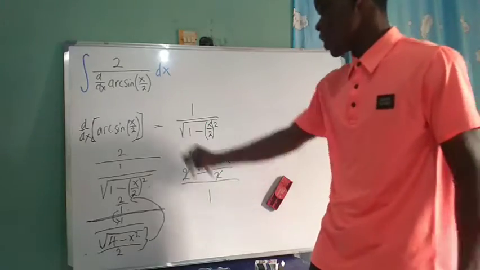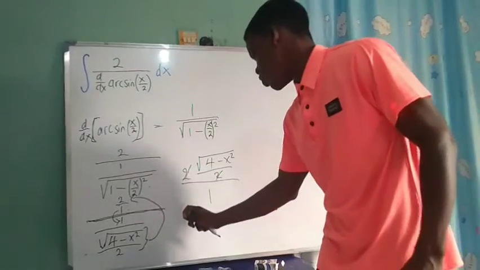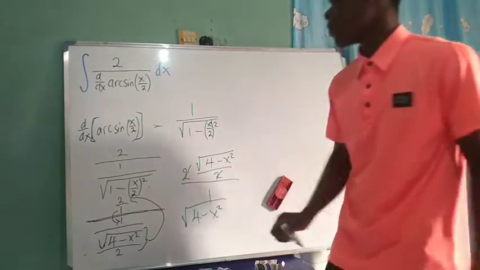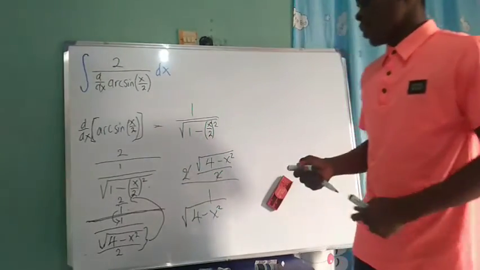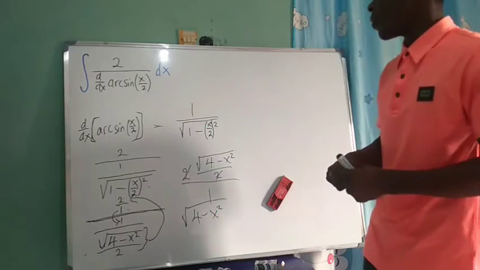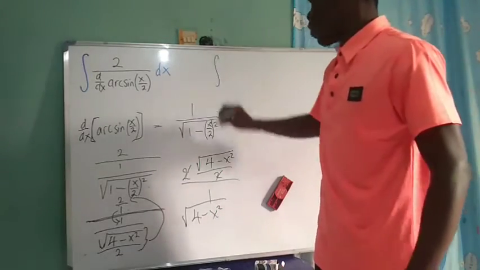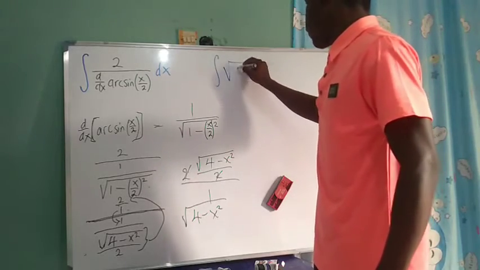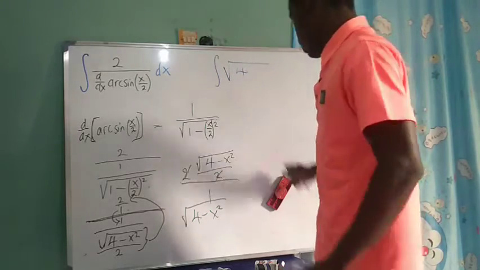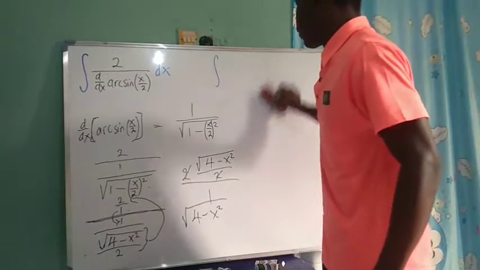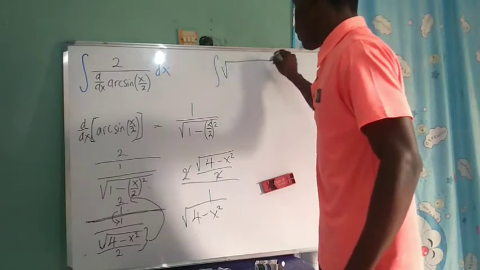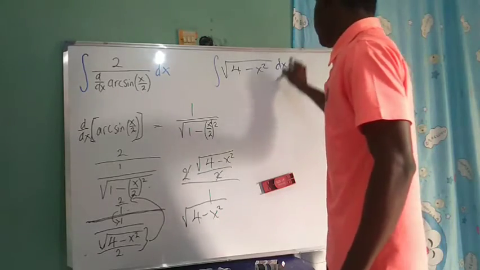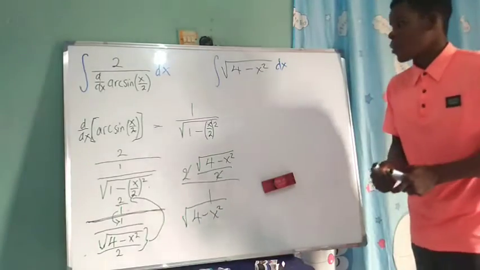That simply means that our integrand has reduced to square root of 4 minus x squared. That's it right there. Are we doing something bad? Well, let's just plug in there and see. We have the square root of 4 minus x squared dx. And that's it for now.